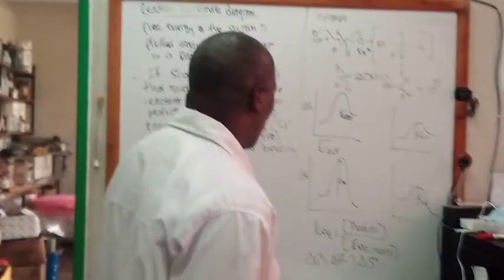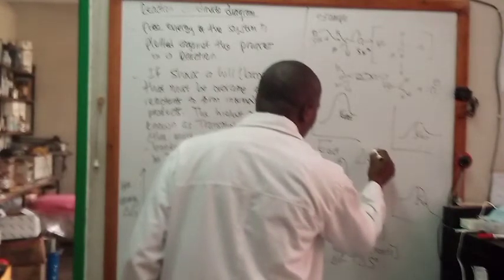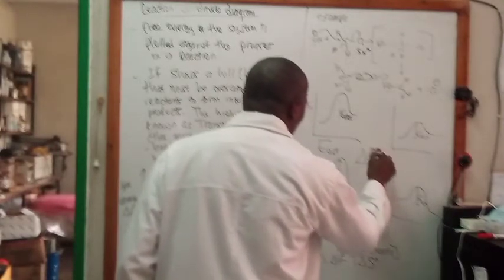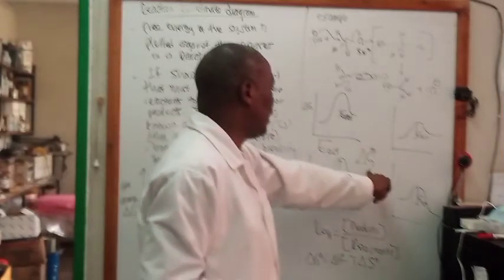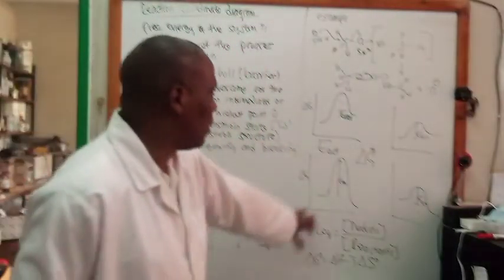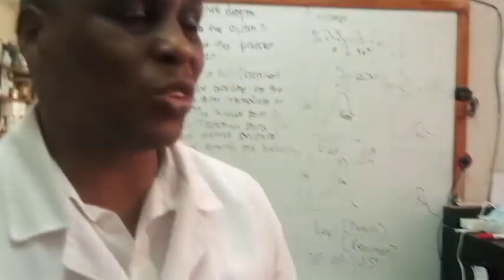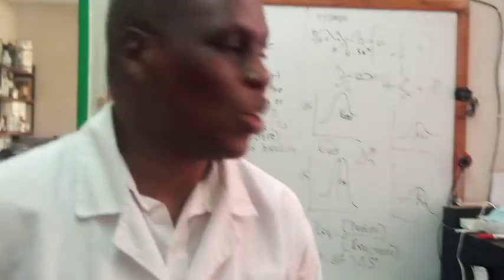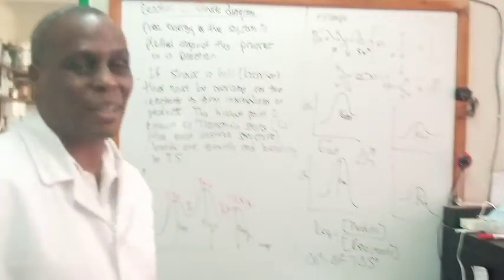You're going to come to a new terminology which we are going to call delta G double dagger. Can you see that term? There is a line and then there are two. So this is giving you the free energy for the kinetics, and we are going to see a new relationship with the activation energy. So now we are starting to talk about kinetics. We are now through with thermodynamics.